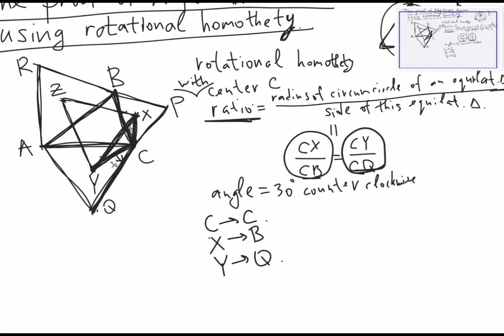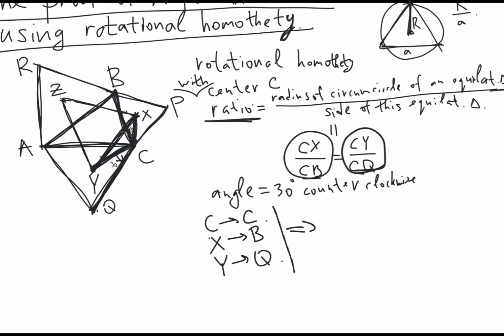So from this we conclude in particular that the triangle XCY is mapped to the triangle BCQ. But actually we don't need the whole triangle, what we need is just the segment.